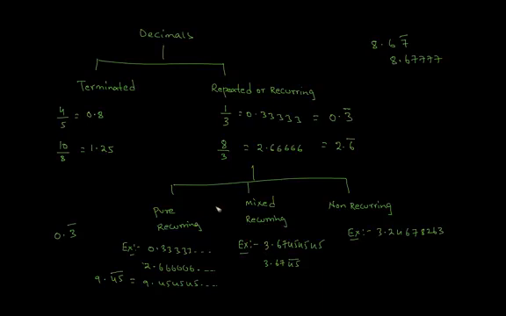Now we do some problems on recurring decimals. For example, we will take 5.732 bar plus 8.613.